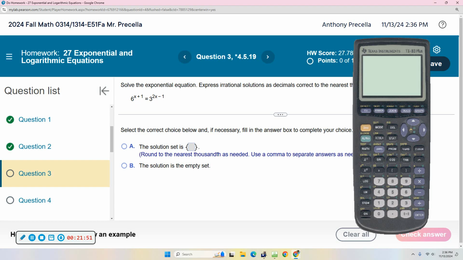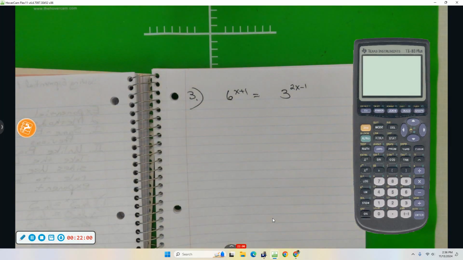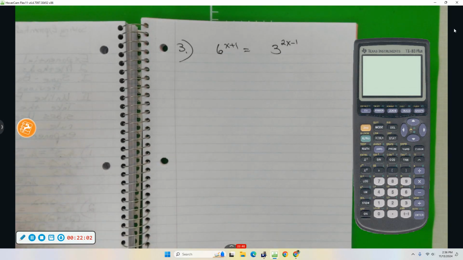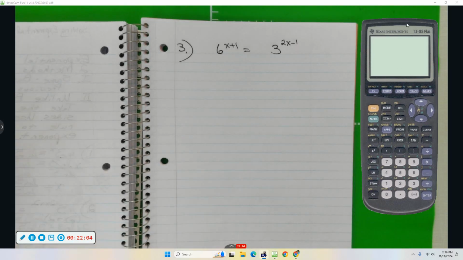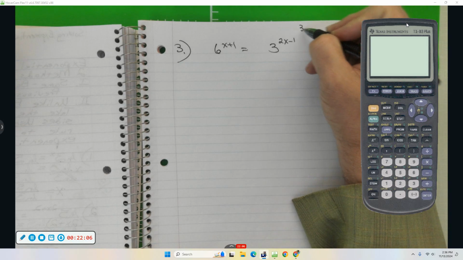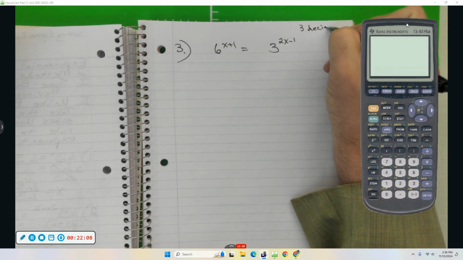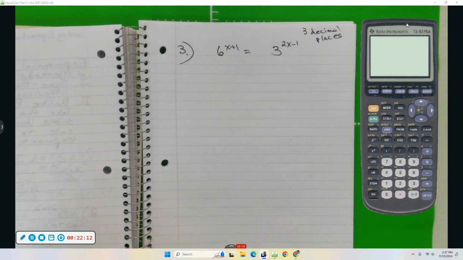Well, how many decimal places is that? Tenths, hundredths, thousandths. That's 3 decimal places. So I'm going to make a note here. When we're through, we're going to round to the nearest thousandth. I'll say 3 decimal places.